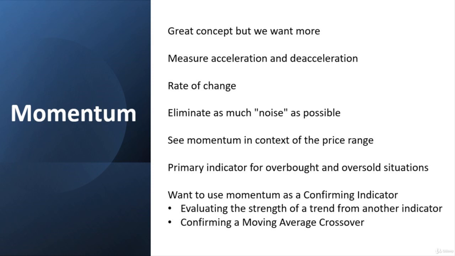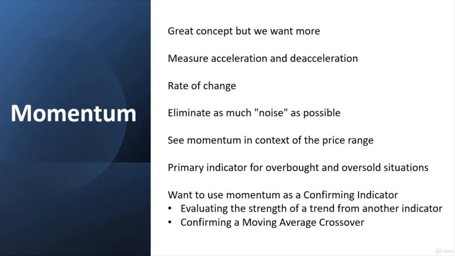A lot of people like to use momentum more as a confirming indicator. I like that idea too. It helps you evaluate the strength of a trend that another indicator is saying exists. Your primary indicator is saying there is a trend, whether up or down, maybe something like a moving average crossover, whether it's price crossing a moving average or two averages crossing each other.